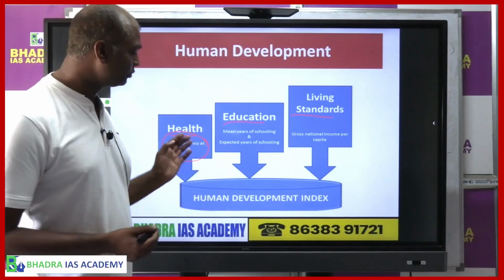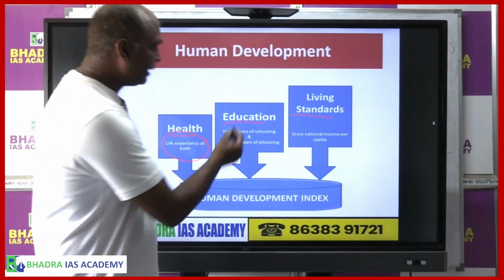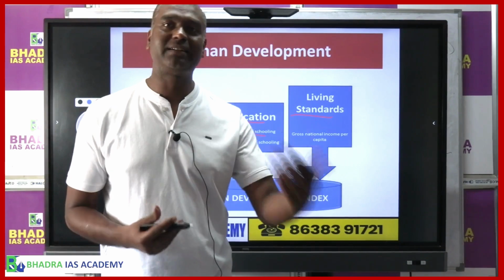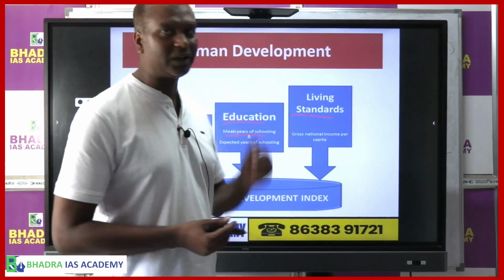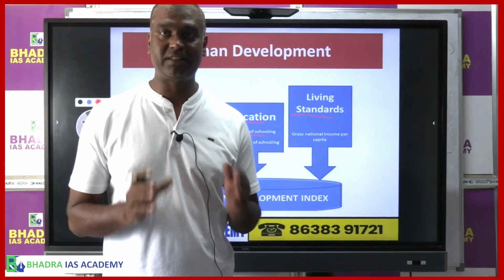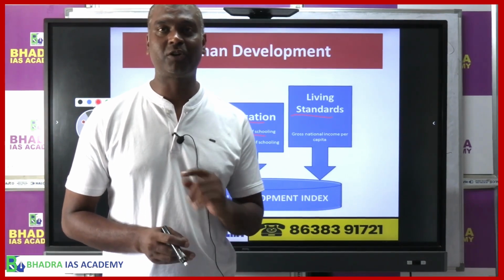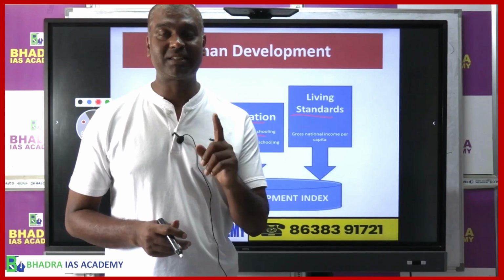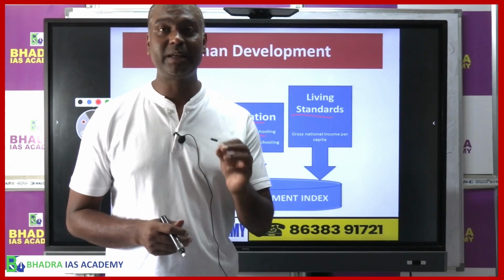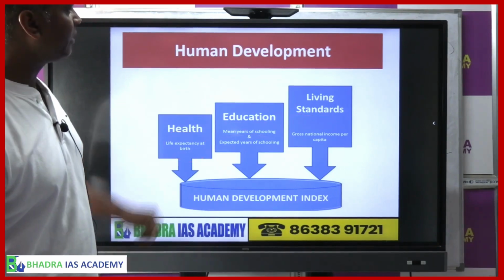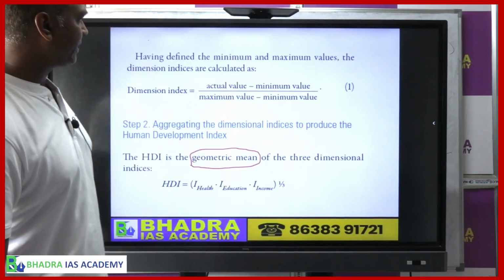I will explain how much it is at present. For education, we look at average years of schooling and expected years of schooling. And the third one, standard of living, is estimated by per capita income, not on the exchange rate but on purchasing power parity, PPP. Okay, so that is how the Human Development Report is generally prepared.